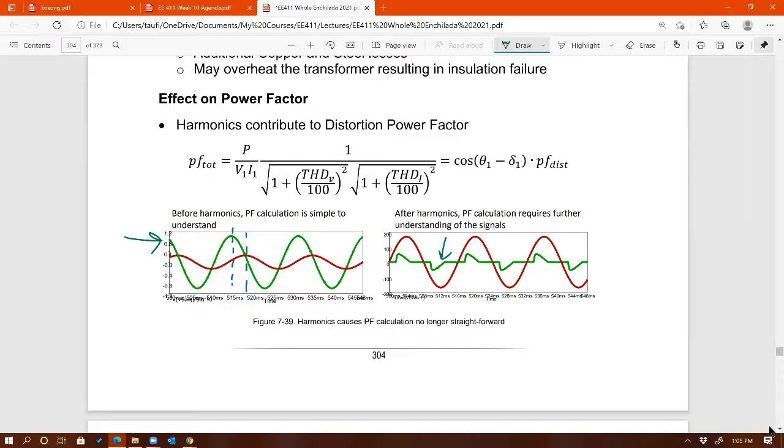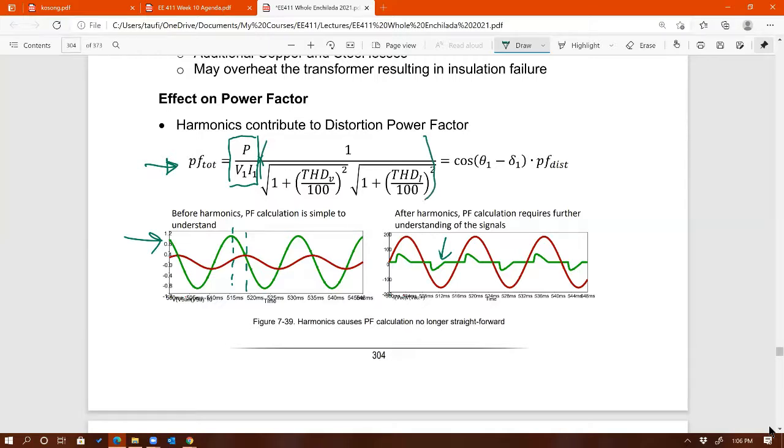So that's why we need a new way of calculating power factor if harmonics exist in the electrical system. And here's the equation for calculating power factor if there's harmonics. You can see this is the first term multiplied by the second term right here, which is a big term, right?